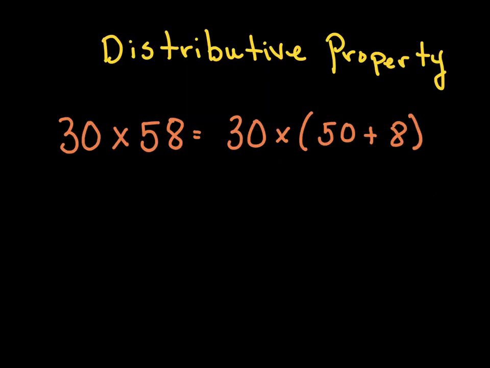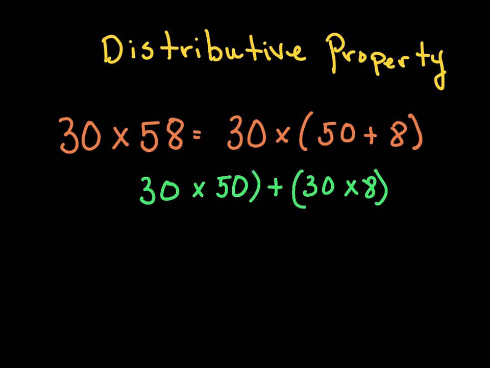Okay, using the distributive property for 30 times 58. All right, we're going to be distributing that 30 to that 50 and to that 8. So we do 30 times 50 plus 30 times 8.